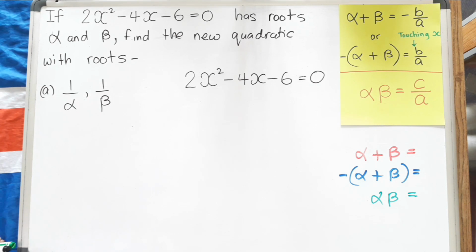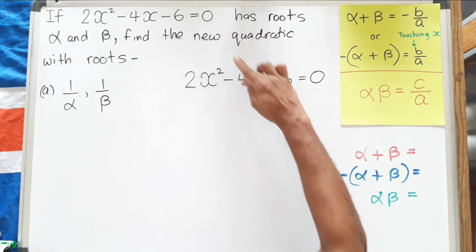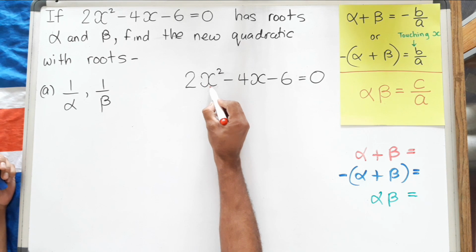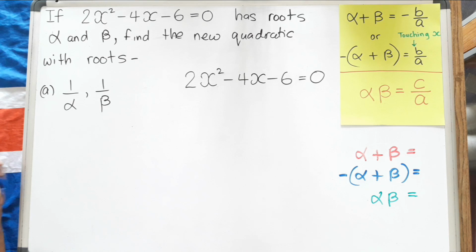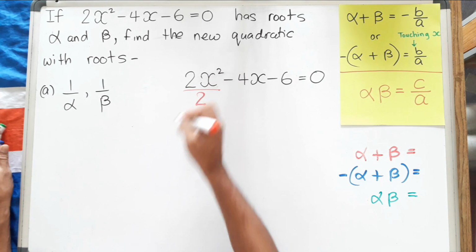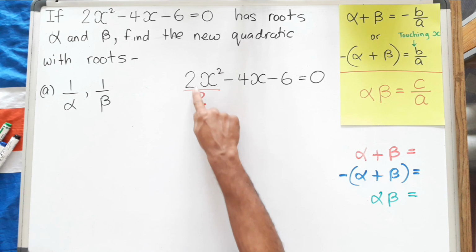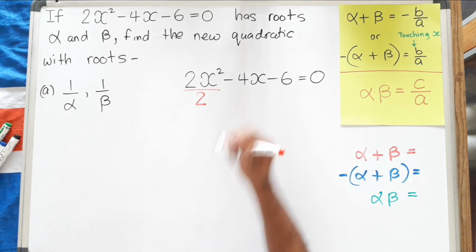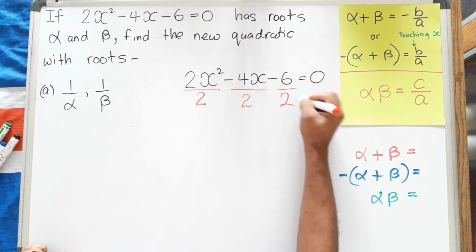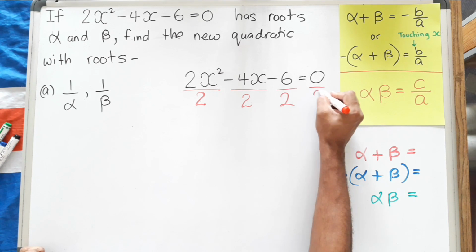So I wrote back the same exact quadratic here. I changed nothing. Remember, for this topic I told you that the number touching x squared has to be 1 for these formulas to work. So what I'm going to do, I'm going to divide throughout by a. A happens to be 2. So I'm dividing throughout by 2. Of course, if I divide this side by 2, I have to divide the other side by 2.